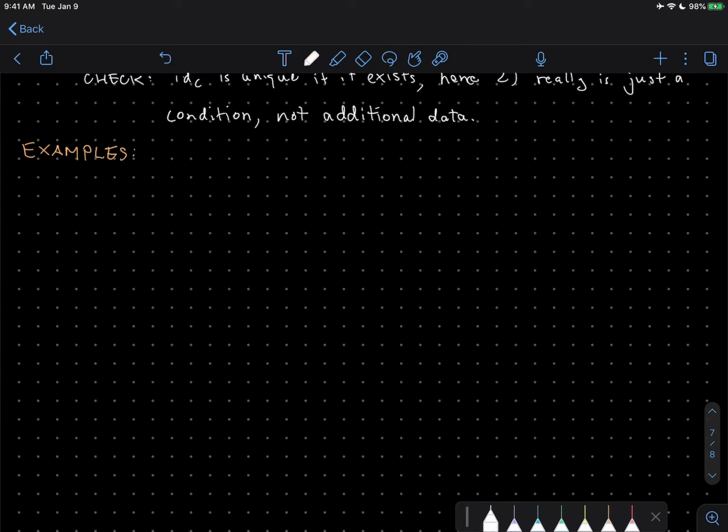So the first one, let's say, there is a category called Set, whose objects are sets, and morphisms are set functions.